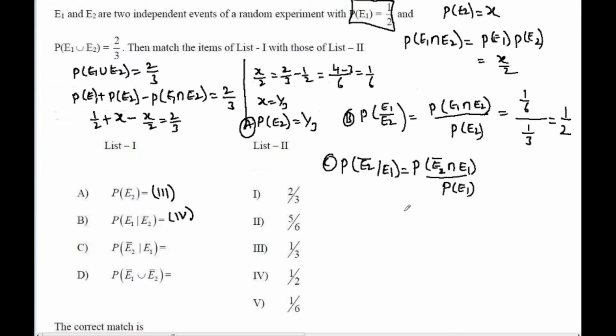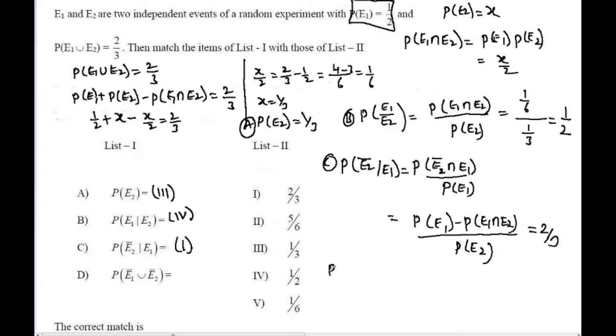This is P of E2 dash intersection E1, from set theory, that is P of E1 minus P of E1 intersection E2 by P of E1. So find this value, that is equal to 2 by 3. So C is mapped to 1.